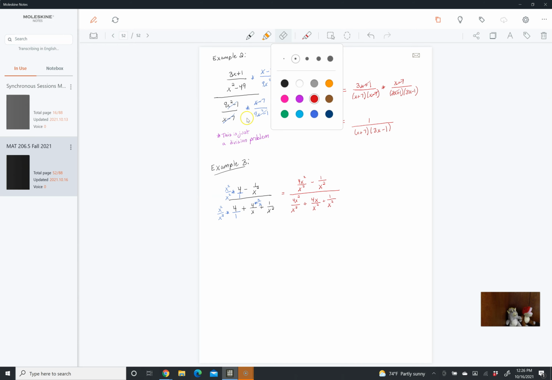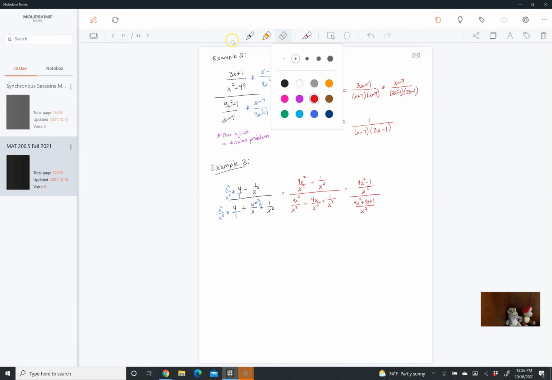Okay, we can combine our fractions. We get 4x squared minus 1 over x squared divided by 4x squared plus 4x plus 1 over x squared.